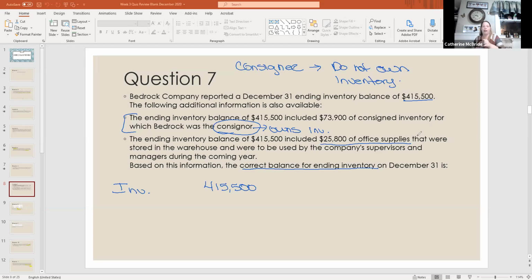Is office supply part of inventory? Are we going to sell them? No. It's only part of inventory if we're going to sell them to somebody, which we're not. So we have to subtract the office supplies because they're not part of inventory. They were incorrectly recorded there.